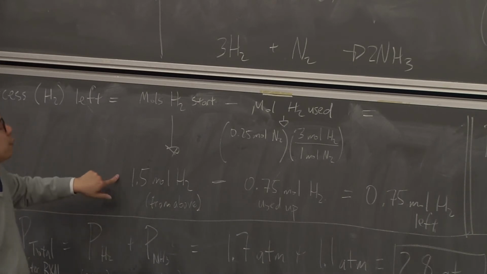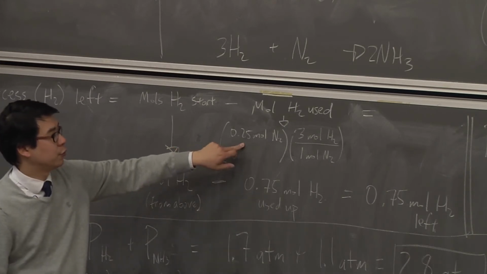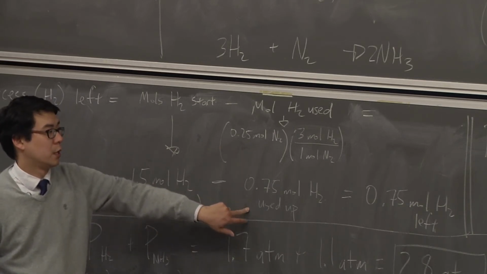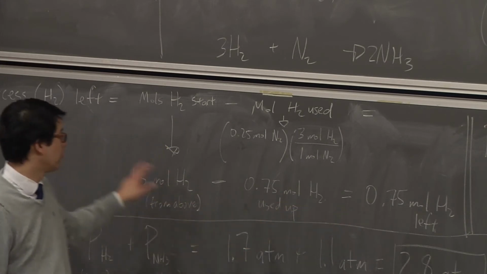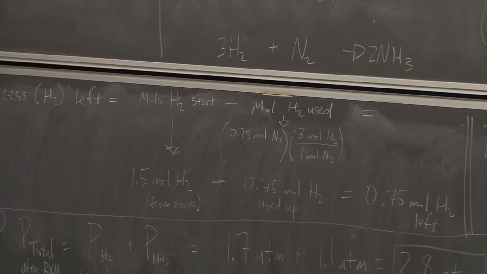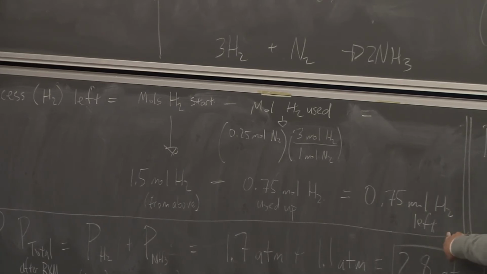So you started with 1.5 moles of H2. Once all the limiting reactant was used up, you also used up 0.75 moles of the H2. And what's left is the difference. 1.5 minus 0.75 equals 0.75. That's how much H2 is left.